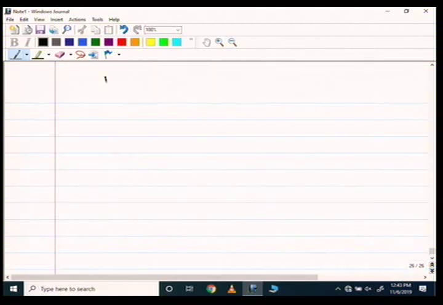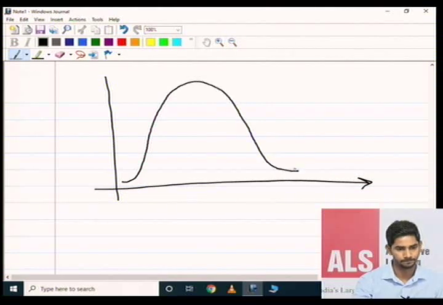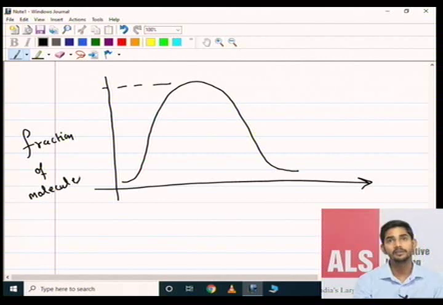Now just look at this. See, there are fraction of molecules. I need one person on the system, and I need an answer for this question.